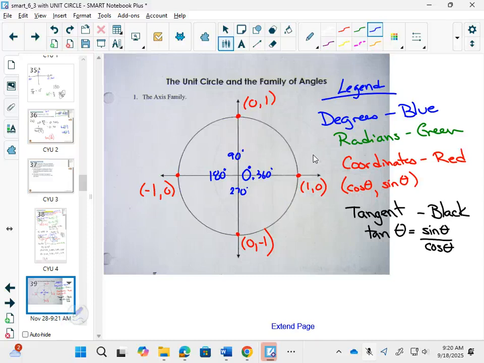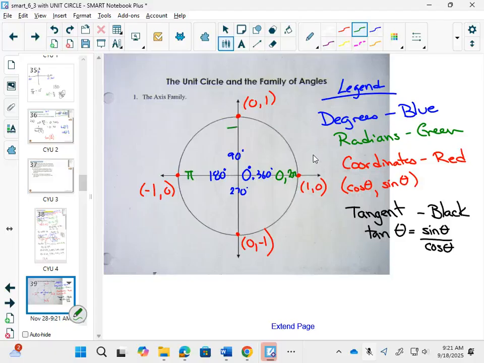And since we've been able to switch between radians and degrees, you know that 0 radians is exactly 0 degrees, and that all the way around is 2 pi radians, halfway around is pi radians.